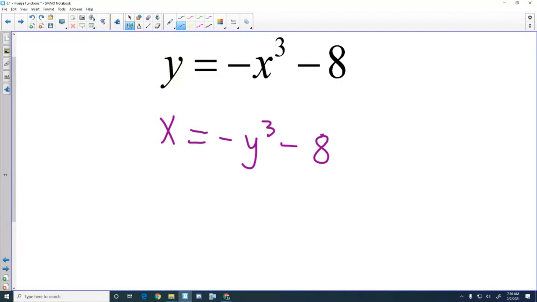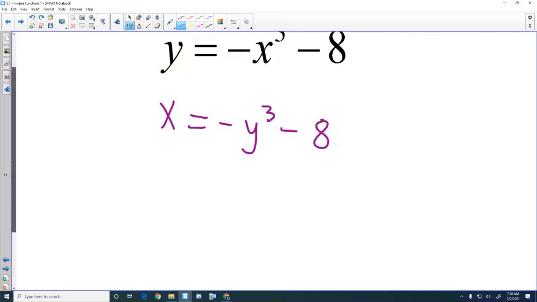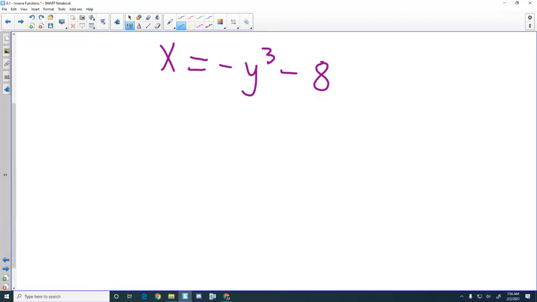And I see it looks like the 8. It's kind of like that minus sign almost pushes it away, further away from the y. You always cancel out whatever's being added or subtracted, the outermost thing. In that case, that's that minus 8. So we're going to start by adding 8 to both sides. x plus 8 equals negative y cubed.